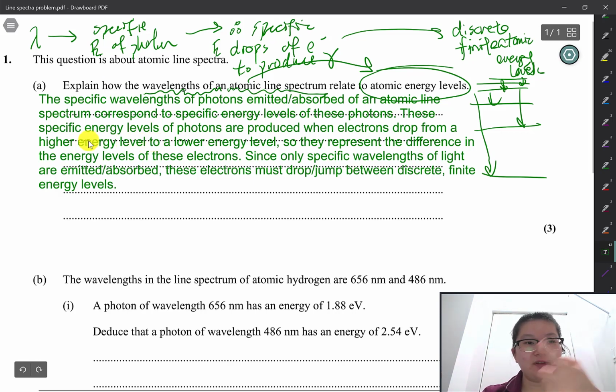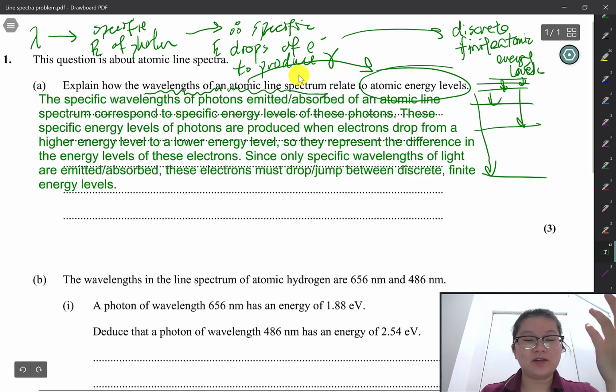So going from wavelength to specific energy of a photon, specific wavelengths of photons either emitted or absorbed, for either an emission or an absorption spectra of an atomic line spectra, correspond to specific energy levels of these photons. And notice I try to use the words that are provided in the question itself.